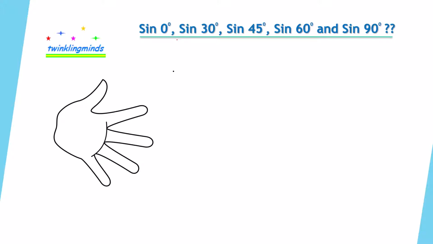Let us identify or assume small finger represents 0 degrees. So 0 degrees for little finger, next finger 30 degrees, next finger that is our middle finger represents 45 degrees, next finger 60 degrees and thumb 90 degrees.